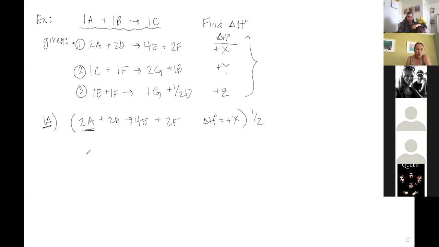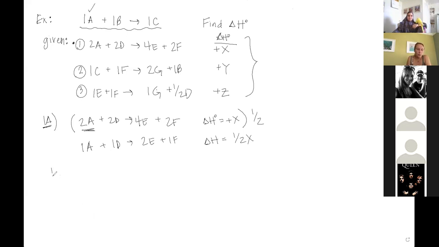And so then I would end up with my 1A, which is what I want, plus 1D goes to 2E plus 1F. And my delta H here is 1/2 X. So I have my 1A isolated.